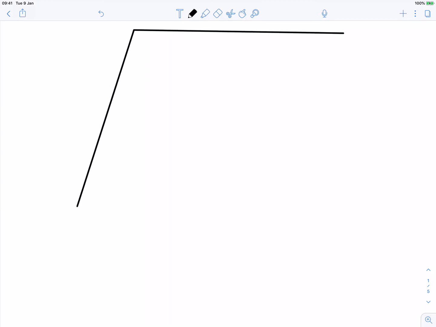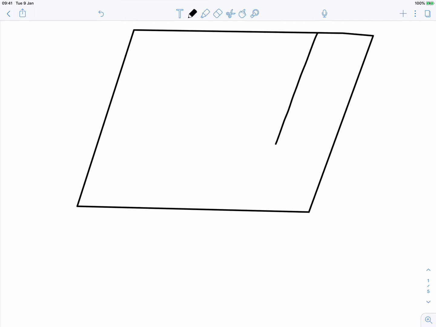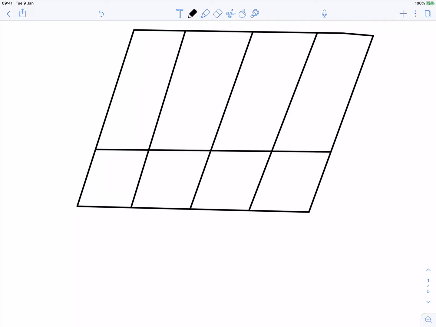You have to excuse my drawing here. Let's say I've got a grid that's made up of lots and lots of identical parallelograms, like so.